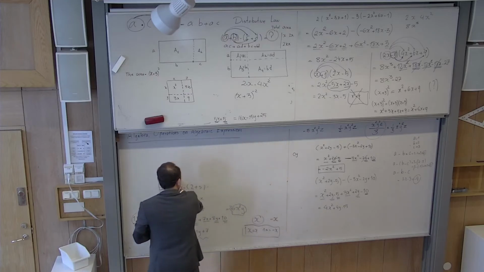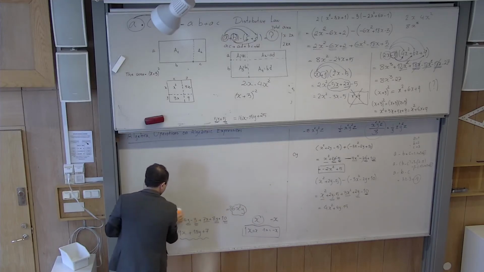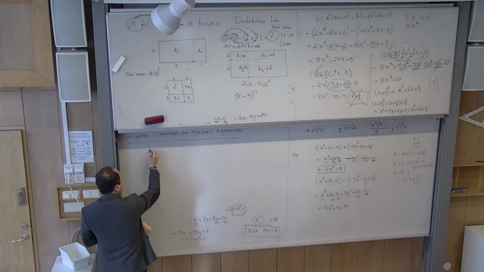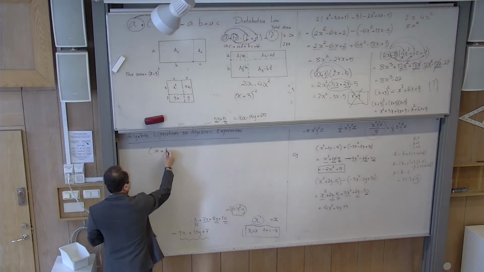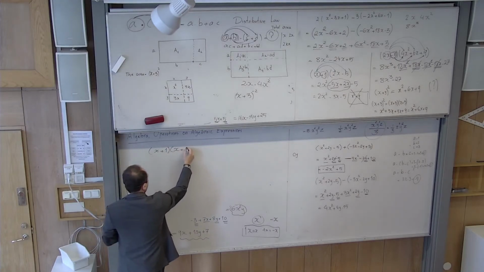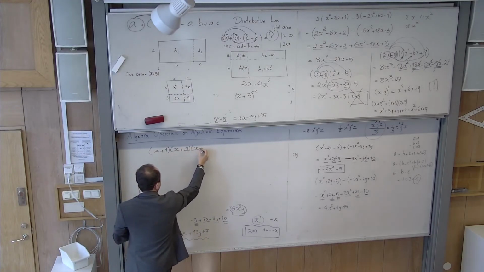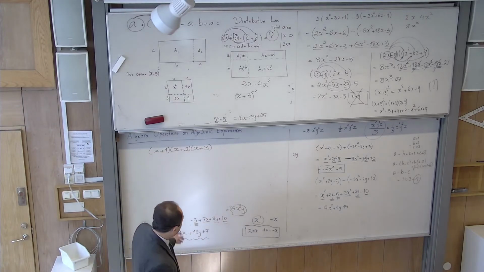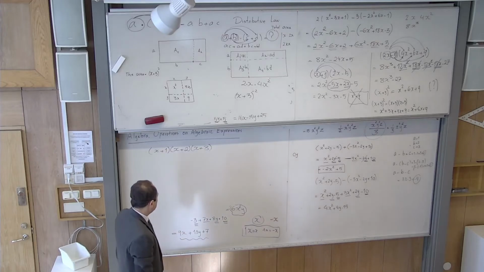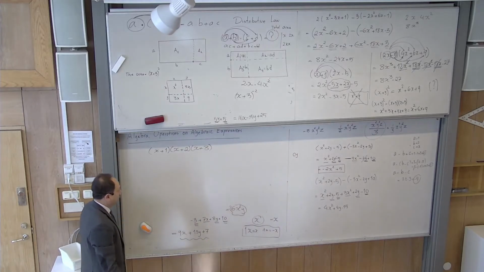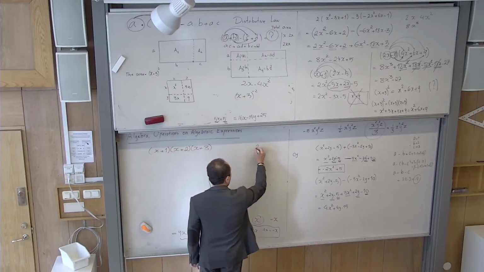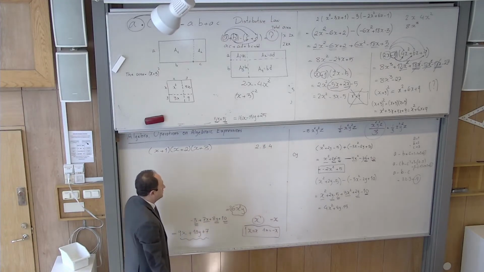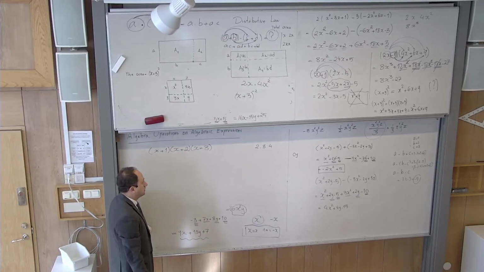So what do you think if I want to multiply 3 expressions? For example, let me make it very simple first. X plus 1 multiplied by x plus 2 multiplied by x plus 3. So we want to expand and simplify this expression. If I give you 2 times 3 times 4, what is the answer to this? 24.